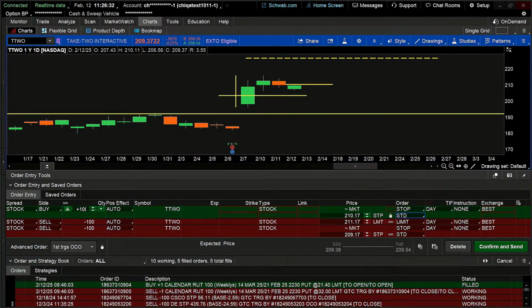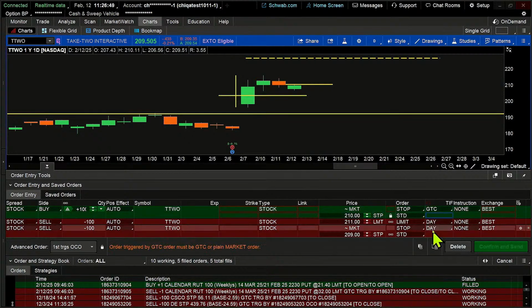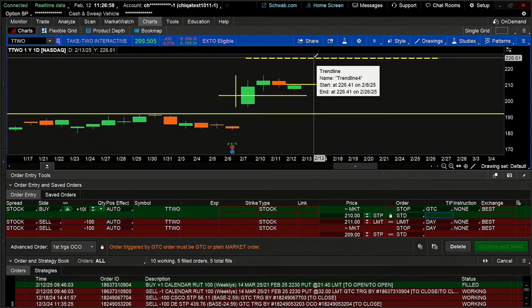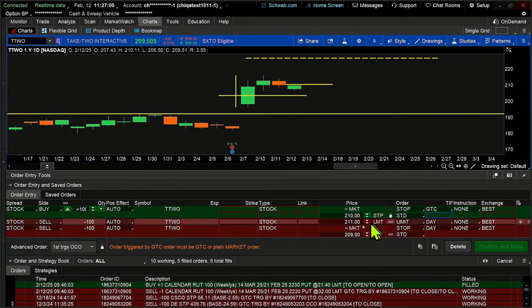So I'm going to make the order to get into the trade a stop order. It says stop, wait, don't do anything until the price of the stock has gone above that 210 mark. And I'm just going to use 210 for easy math. You could give it a little bit of a threshold there too. But we're going to make that a stop. And I'm going to make that one good till cancel because it might not happen today, but it might happen tomorrow. And then I'm going to look at taking this off if it goes up to 226. We'll just call it 226 on the upside.